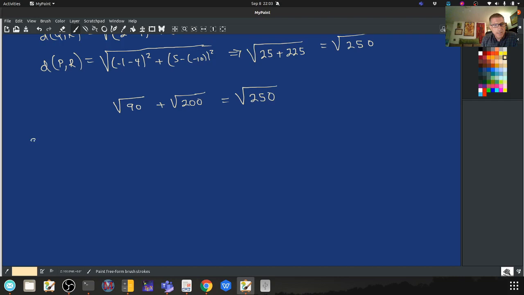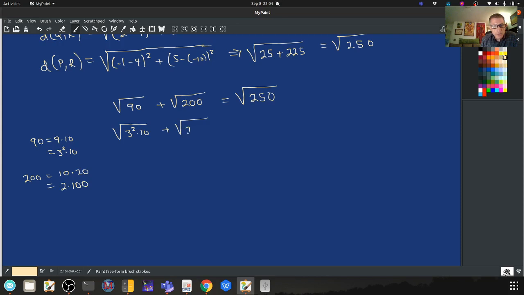So notice that 90 is equal to 9 times 10, which is equal to 3 squared times 10. So I'm going to write 90 is 3 squared times 10. And 200 is equal to 10 times 20, which is equal to 2 times 10 times 10, which is equal to 2 times 100.